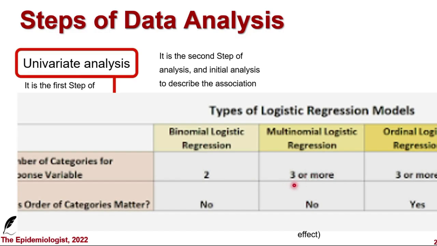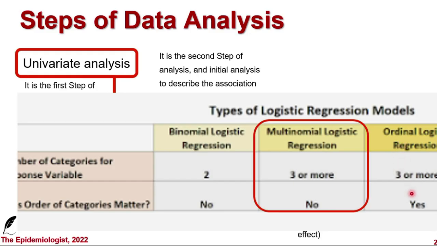The second form of analysis is when the outcome category is multinomial. That is, a variable has 3 or more options but is not ordered. It uses multinomial logistic regression. We will deal with this type of analysis in this video. The third form of analysis, when the categorical outcome variable is ordinal, is ordinal regression, which will be given in the future.